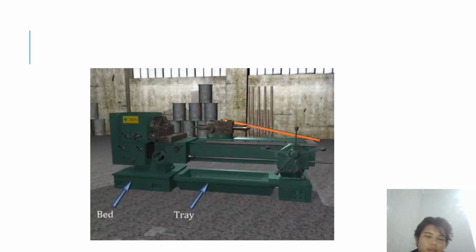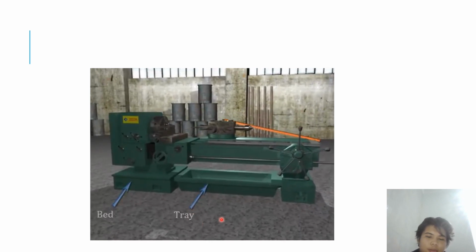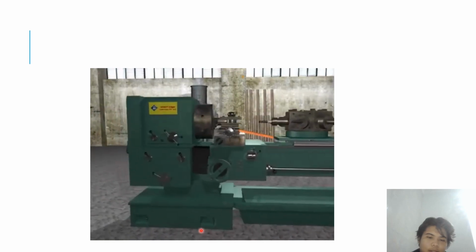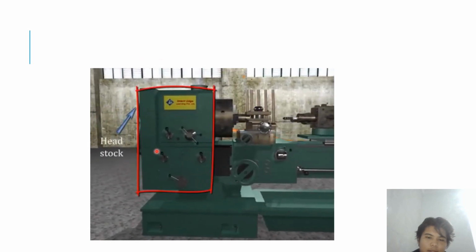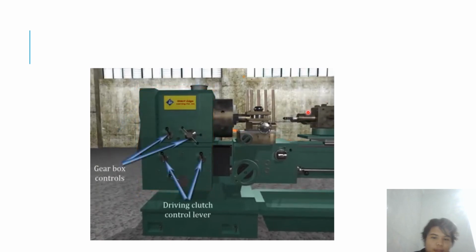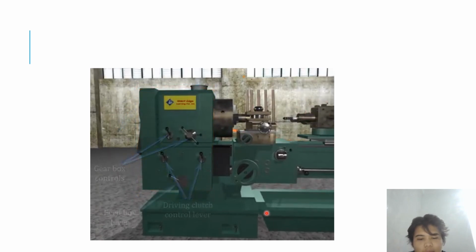So this is the bed and tray as usual. On the turret lathe, this is the headstock, and the right side is the tailstock. It has a gearbox and a drag and clutch control lever, and feed lever.